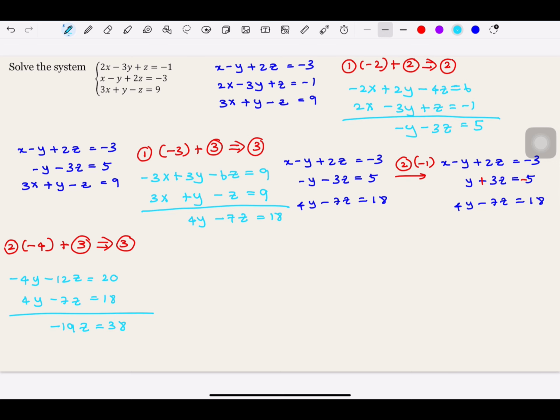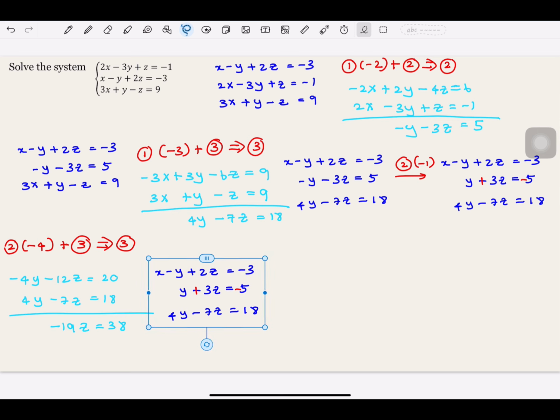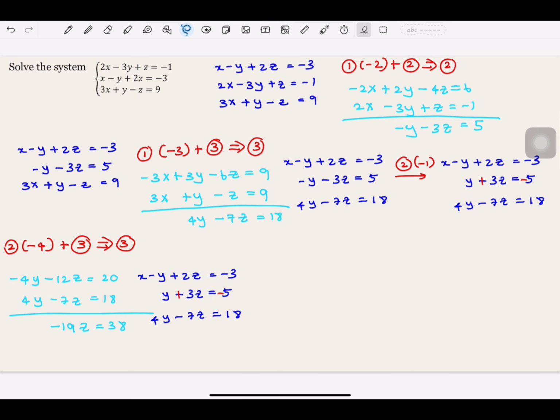So now let's take my system and replace the third equation. Okay, so this is my new system, but the third equation is going to be replaced by 19z equals 38. So this is my new system.